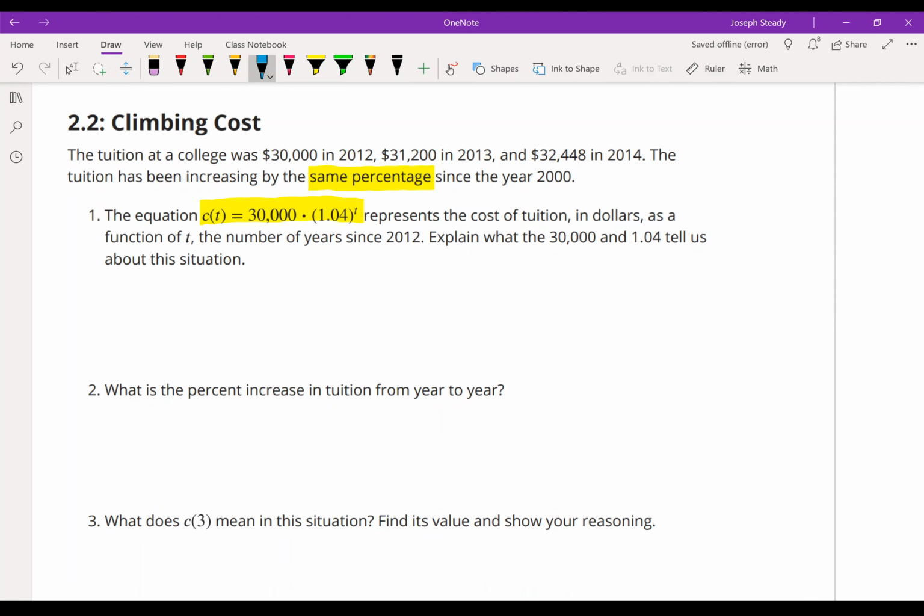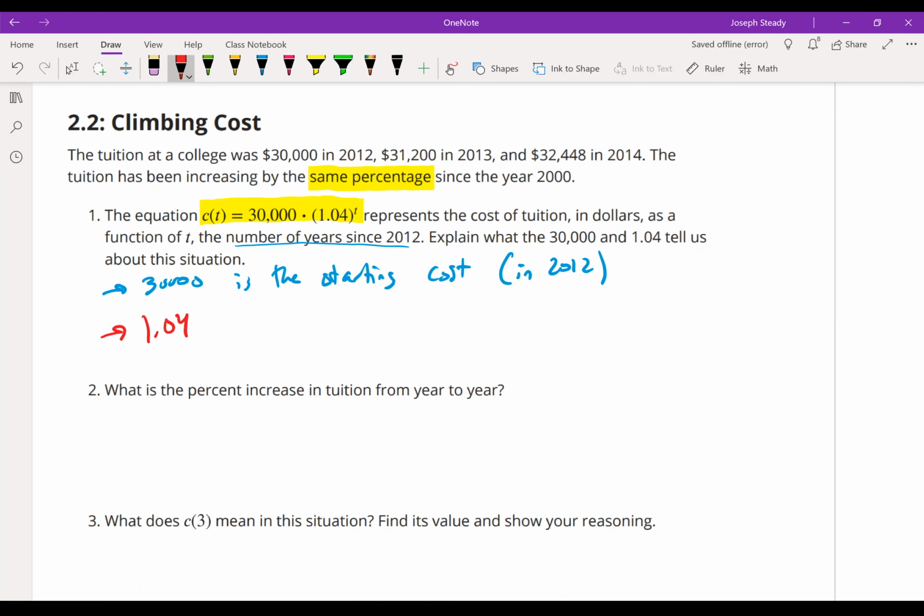In this case, the 30,000 is the starting amount. It's the starting cost. For this specific problem, starting means in 2012, because they're using that as their baseline, and they tell us here that t is the number of years since 2012.